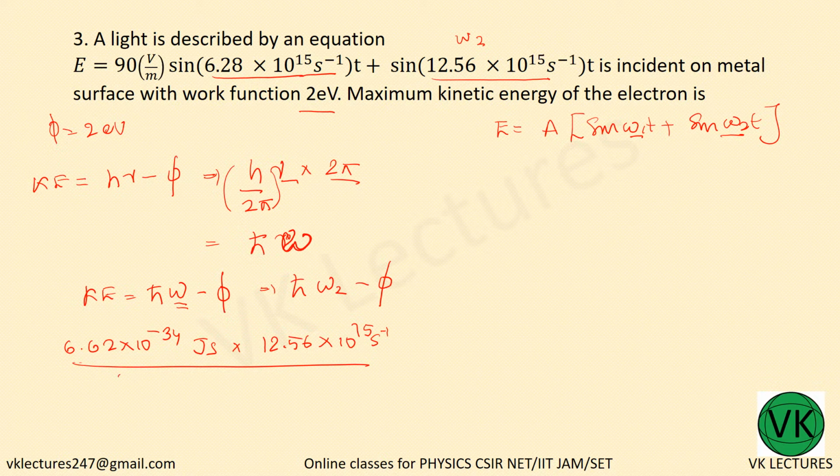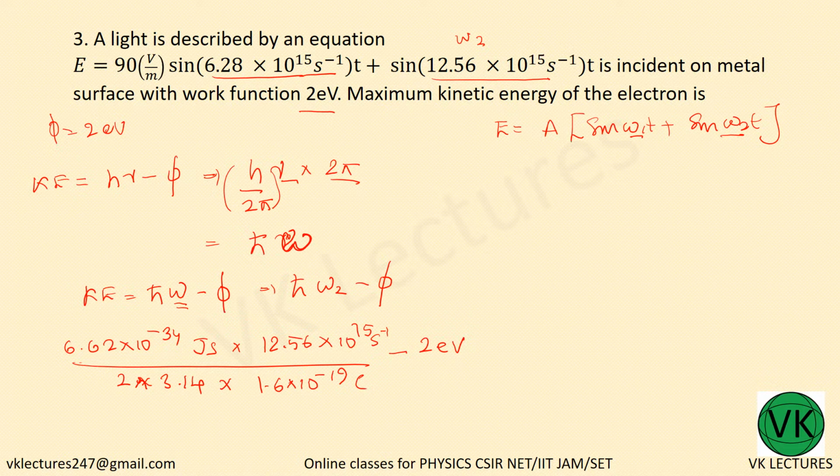H cross is nothing but 2 pi, or you can write 2 into 3.14, into, this is in joules and phi is given in electron volt, so we have to divide by the charge of the electron, that is 1.6 into 10 to the power minus 19. So what you get? Minus, what is phi? Phi is equal to 2 electron volt.